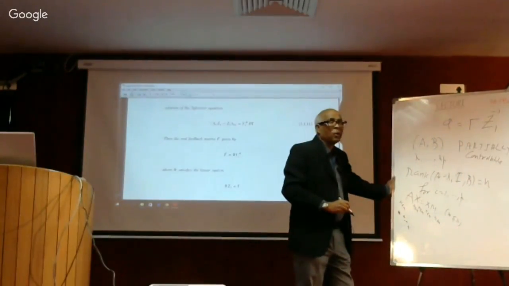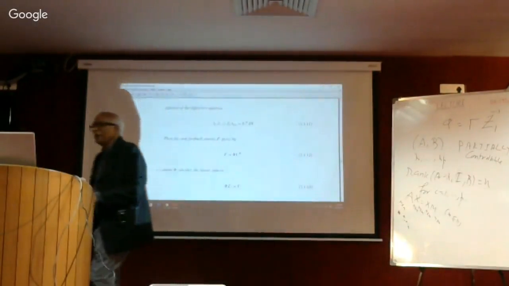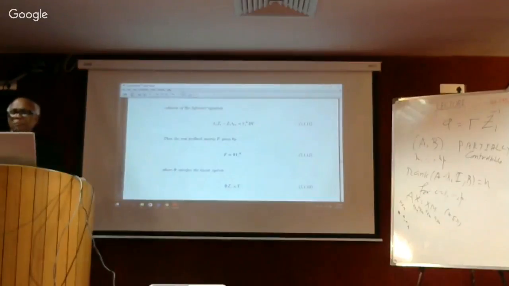Okay. What is G1? Z1 is a solution of equation 5.1.11, which is Sylvester's equation. Lambda 1 is the diagonal matrix with lambda 1 through lambda p on the diagonal.